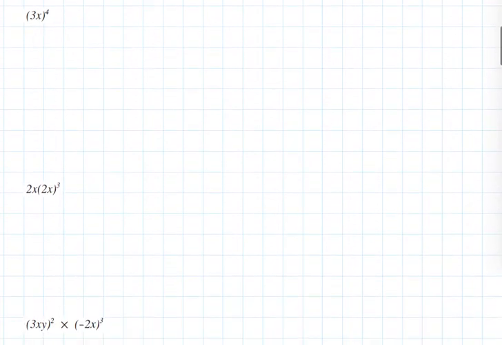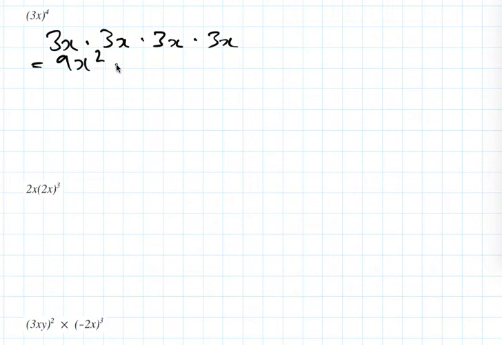And the next question, 3x to the power of 4. This would simply be the same as writing 3x times 3x times 3x times 3x. So you could go 3x times 3x, 3 times 3 is 9x squared, times 9x squared. If you don't know what this dot means, it's another way of writing the multiplication sign.